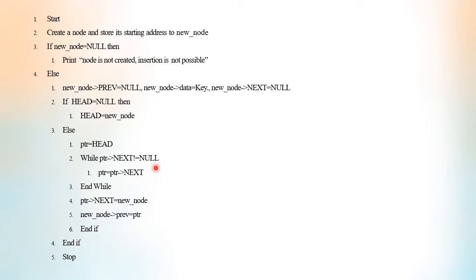When these steps are executed, the pointer will reach the end of the doubly linked list. Now you can change the value of the next part of the current node, that is the last node, to the new node, and the previous part of the new node to the pointer. So this is how you insert a new node at the end of the doubly linked list. Now let us see the example.